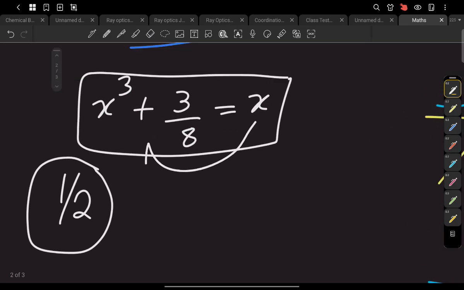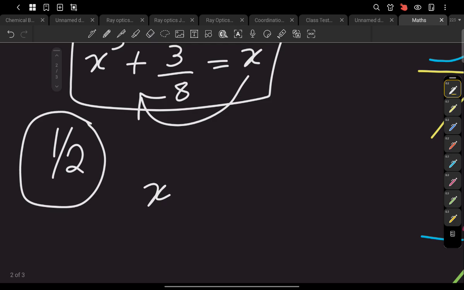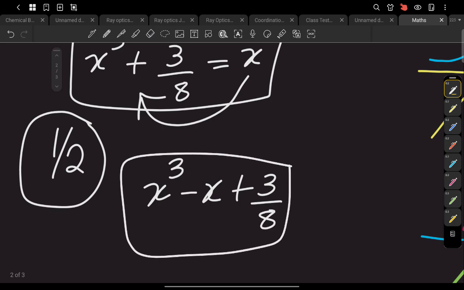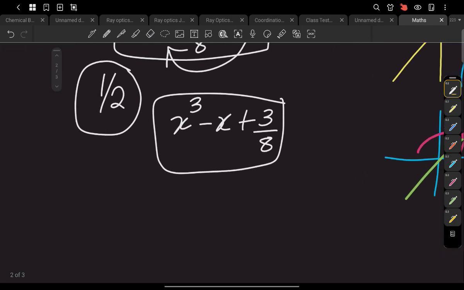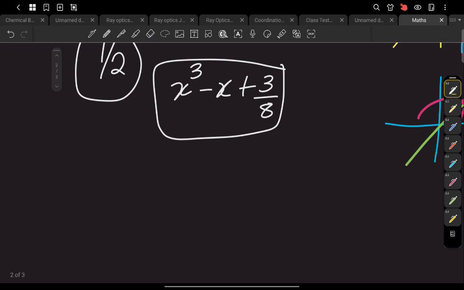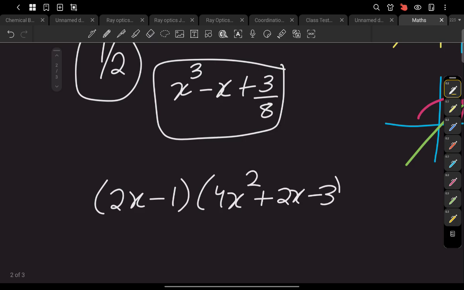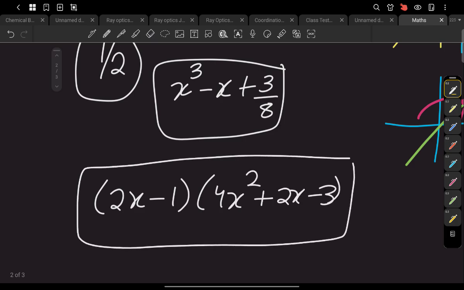Now we will take this x to LHS and we will take our equation like this: x to the power 3 minus x plus 3 by 8. Now we have to find the roots. We will divide the equation, the basic division of polynomials which we used to do in lower classes. We will get (2x minus 1) multiplied by (4x to the power 2 plus 2x minus 3). Now it's easy to find the roots from this equation.